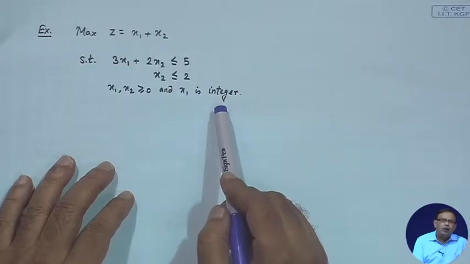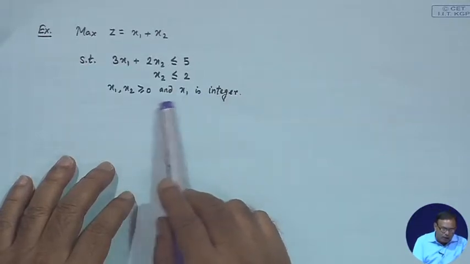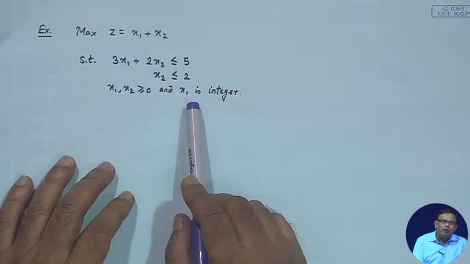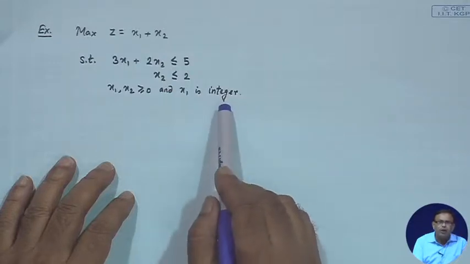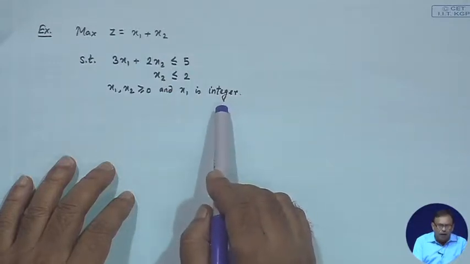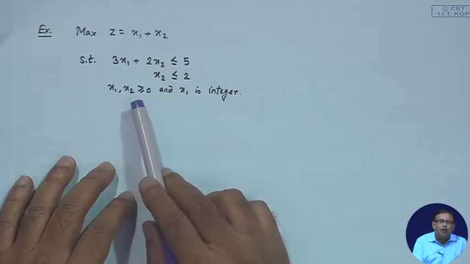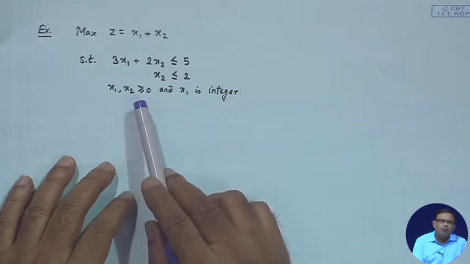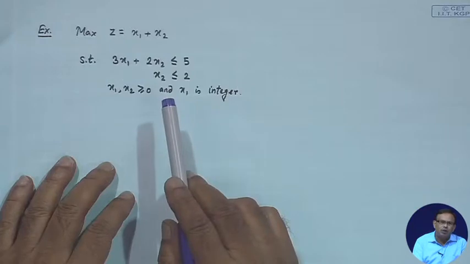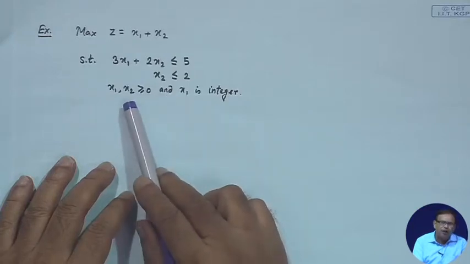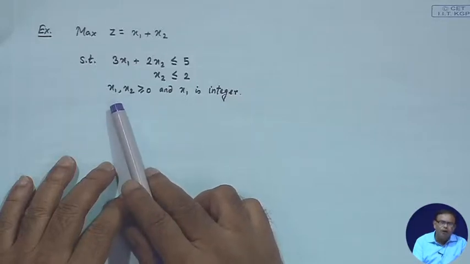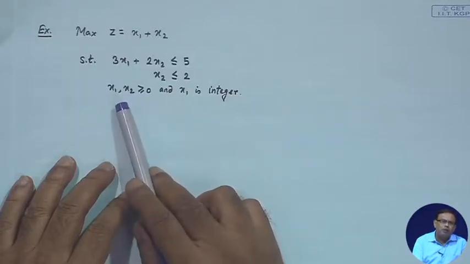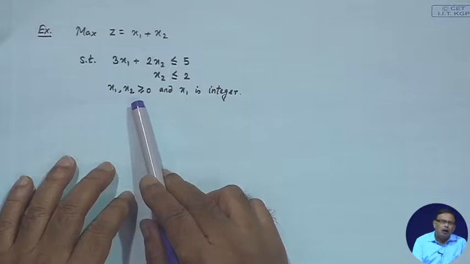Basically, the difference here is that x1 is specifically said to be an integer, and for x2 we are not mentioning anything except that x2 is greater than or equal to 0. So, x2 can take real as well as integer values. So, I have one variable whose optimum value should be integer, and another variable whose optimum value may be integer or real.